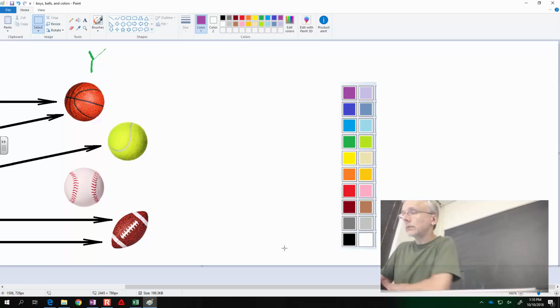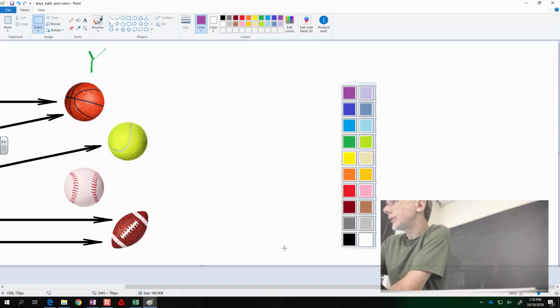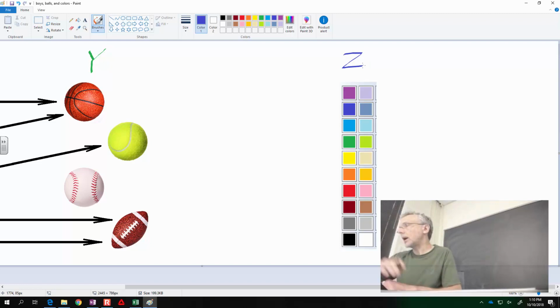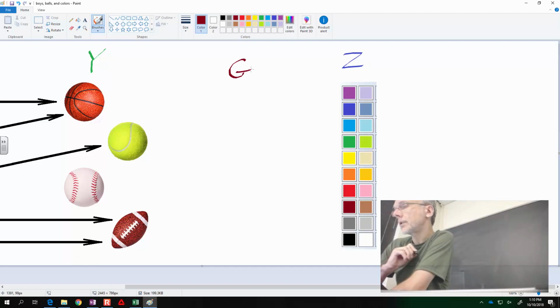So how? First of all, I call the colors a new set, and I call it Z. Whatever the 20 colors or so are, each ball has a color. So that is my new function, which I will call G. I'm building a new function by drawing arrows from balls to colors.